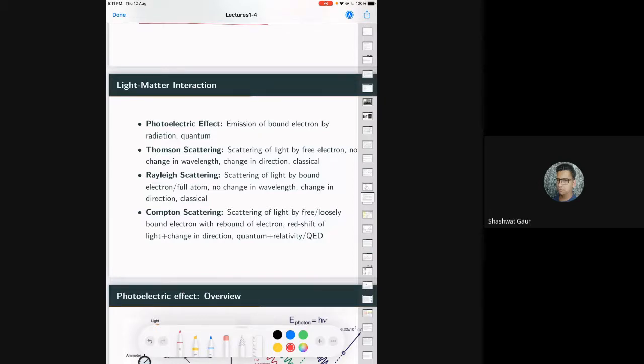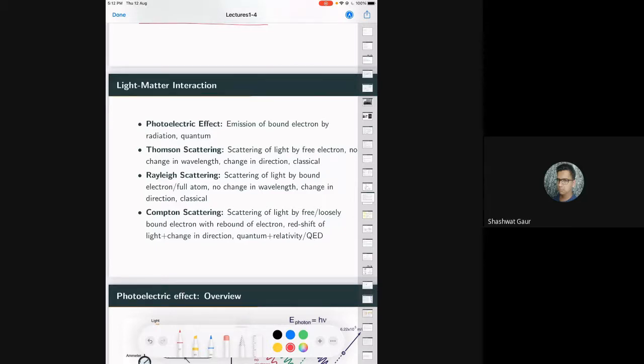Ideally, of course, it's a quantum phenomenon, but a number of the phenomena can be explained classically, and some could not be. So let's list some of them. This is not all the possible interactions, just some examples.